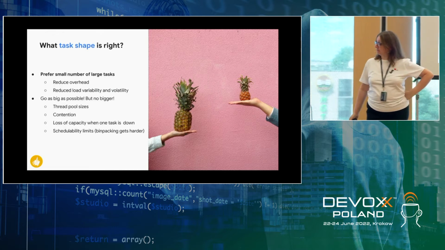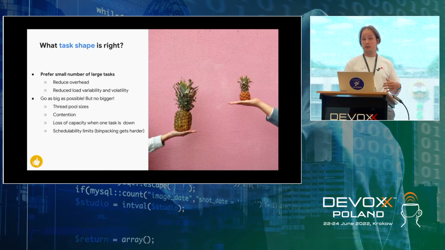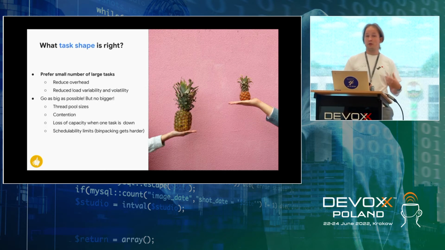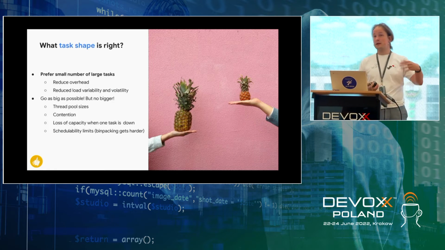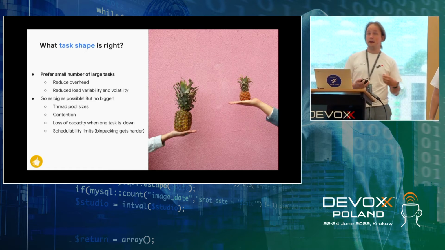So why are bigger tasks better? For example, very small tasks will get easily overloaded by some stray RPC that uses more resources. This is one of the ways this is problematic.